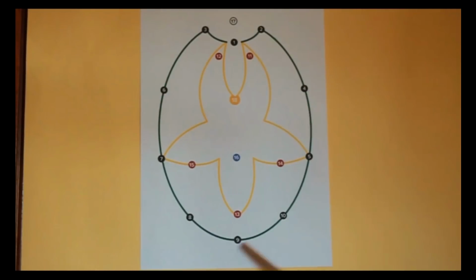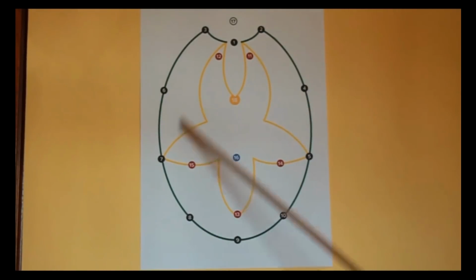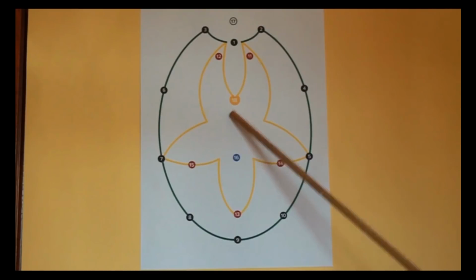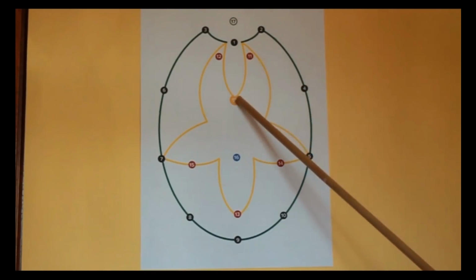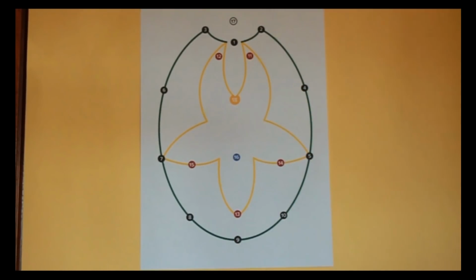So the orbits of the planets, including the Earth, and the orbit of the Moon around the Earth are ellipses or ovals. And there is a point when the Moon is closer to the Earth and a point when the Moon is more distant from the Earth. And these points can be observed.